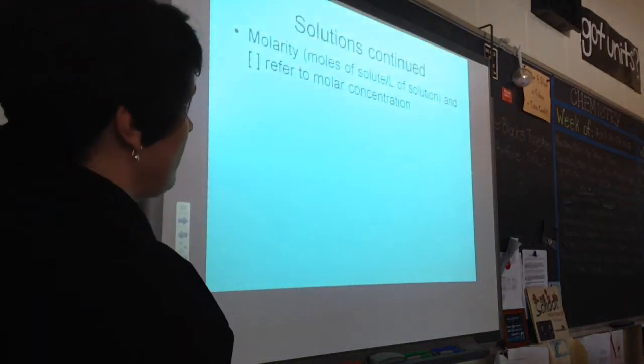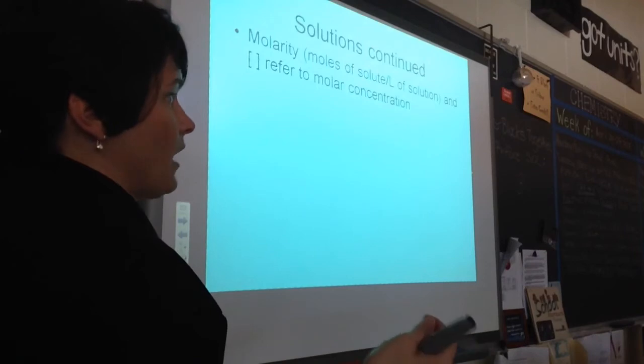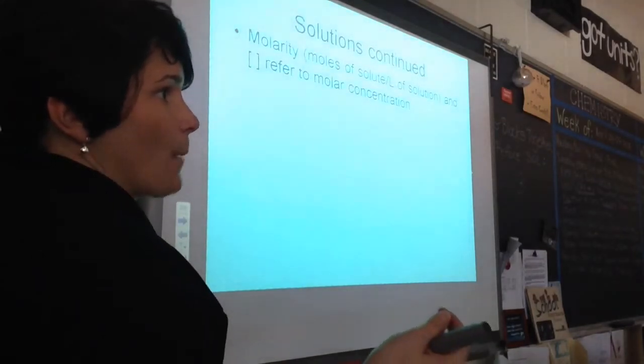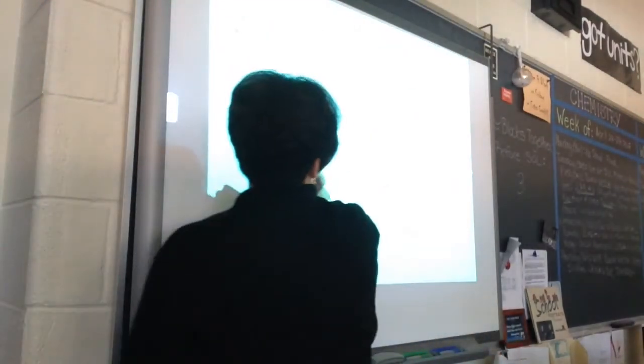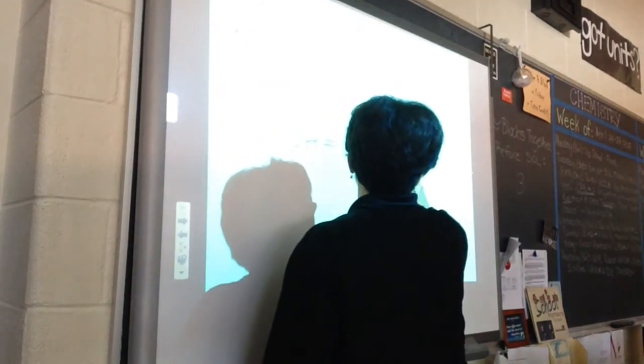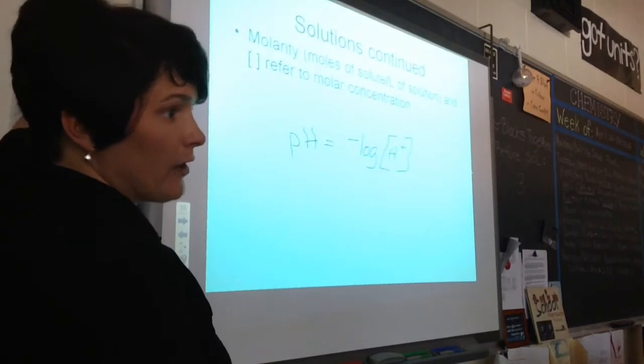We talked the other day about pH. And remember that we said pH was equal to the negative log of the hydrogen ion concentration. That is our equation for pH.